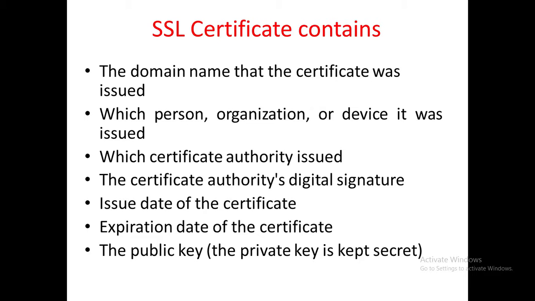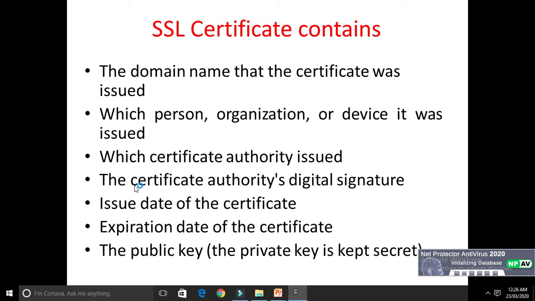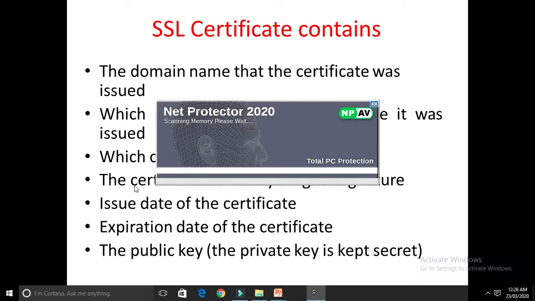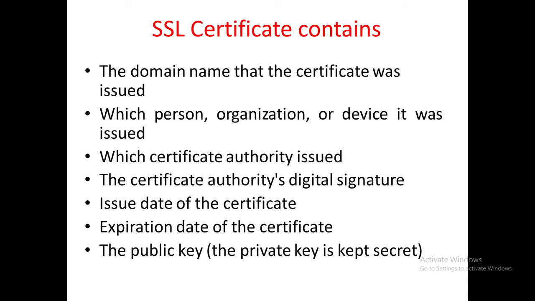Once the SSL certificate is issued to that particular client, he will install it on his web server. It will give some files, and he will download those files to his web server and get that particular certificate.